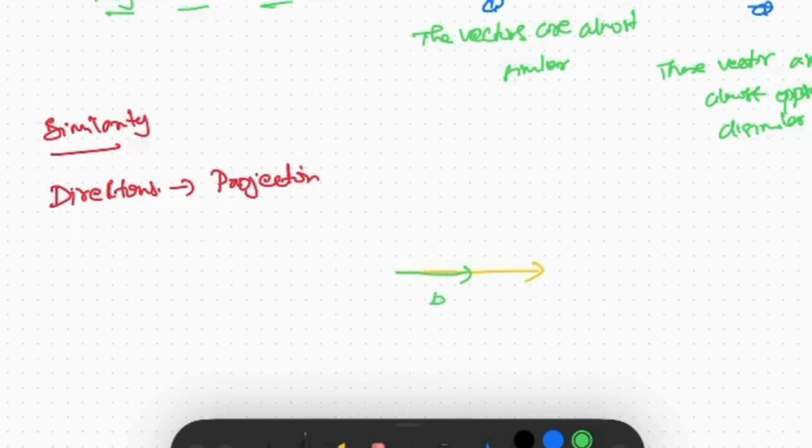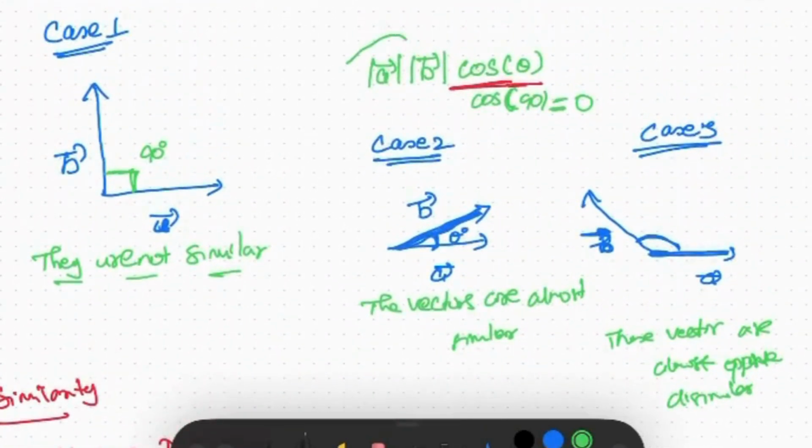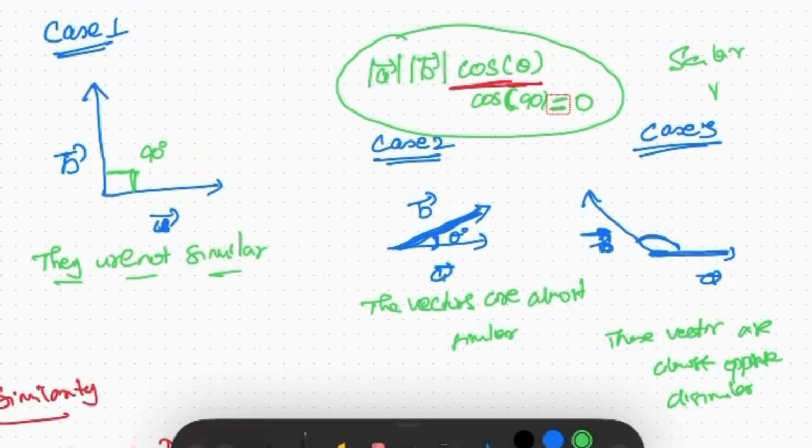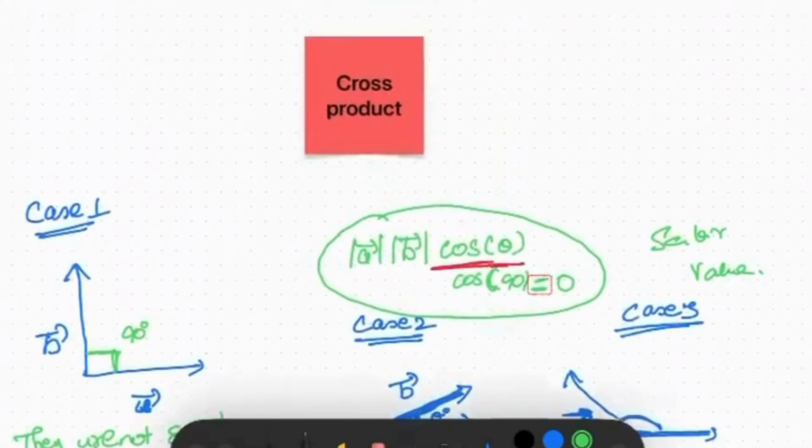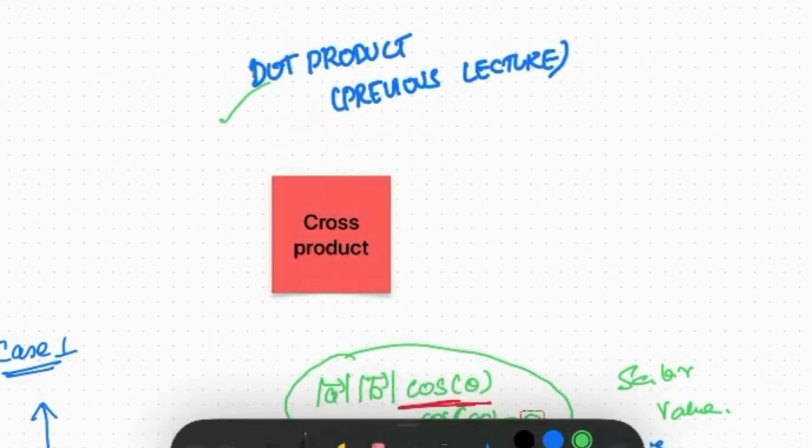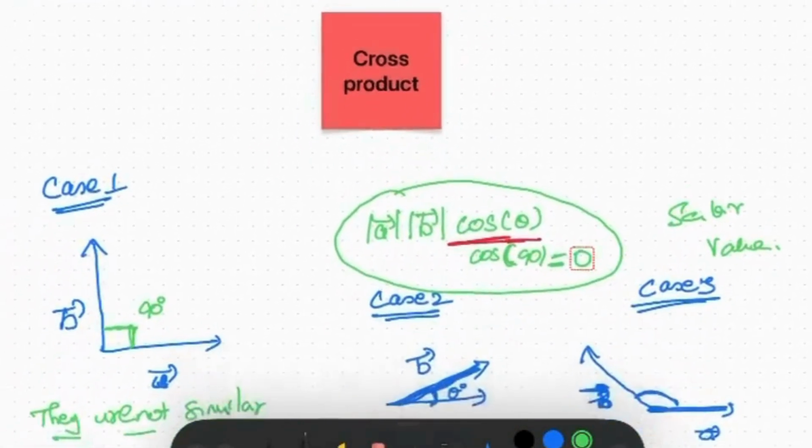This is B vector. How much of this A vector lies in the direction of B vector? So these are the projections. Now these multiplied values will result in a scalar value for dot products.